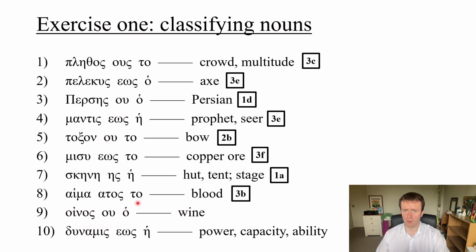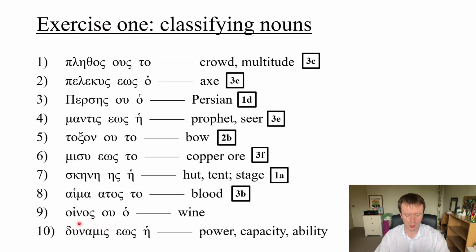Remember that with 3A nouns and 3B nouns, what matters most of all in terms of determining a noun subgroup is the genitive singular ending being -os alone and then the gender. Those are the two things that enable you to recognise a 3A noun or a 3B noun as such.